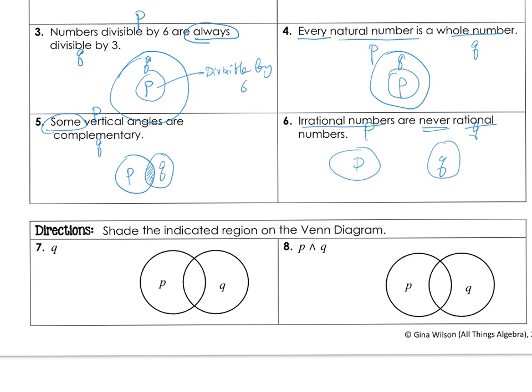Number 7, shade the indicated region on the Venn diagram. So Q, we're looking for Q, so this whole circle is Q, right? All the elements in Q are in this golden part. See if I can do this. There we go. That's my Q. Now P and Q. This is the portion that's in both P and Q. That's where they overlap.